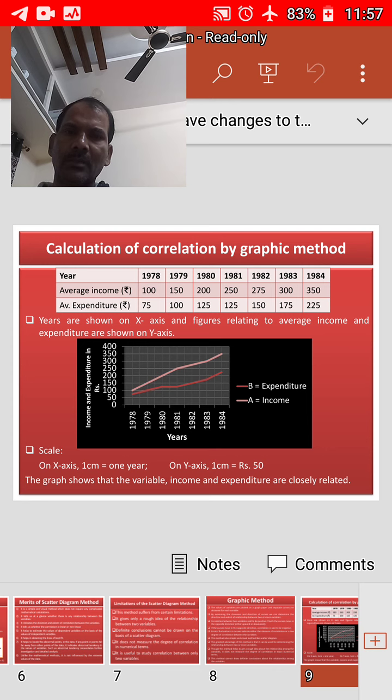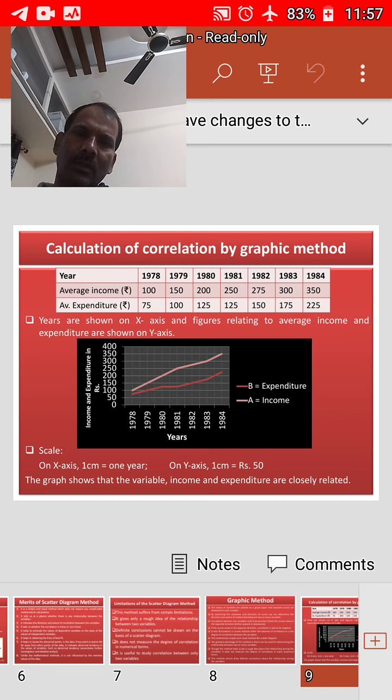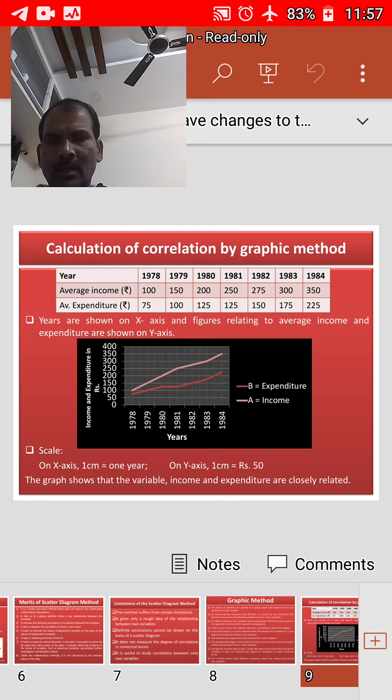Average income in 1978 is 100, whereas 79 is 150, 80 is 200, 81 is 250, 82 is 275, 83 is 300, and 84 is 350. Average expenditure is also given: in 1978 it was 75, 79 it was 100, and 80 was 125, 81 125, 82 150, 83 175, and 84 225. This is the data given.